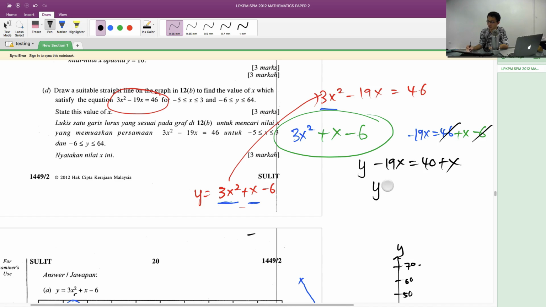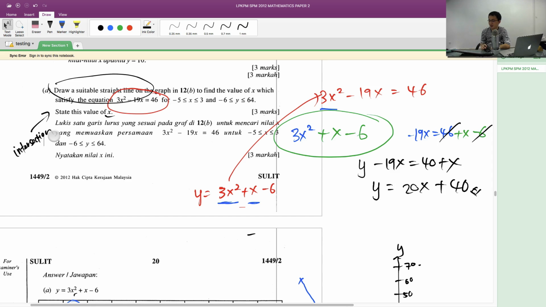Definitely I will need to make y the subject. So y basically equals minus 19x becoming positive. So it's positive 19x plus x is 20x plus 40. Then I form the equation of the straight line. But what does the question want? The question asks you to draw the suitable straight line on the graph paper and then state the value of x. They want to find the intersection.